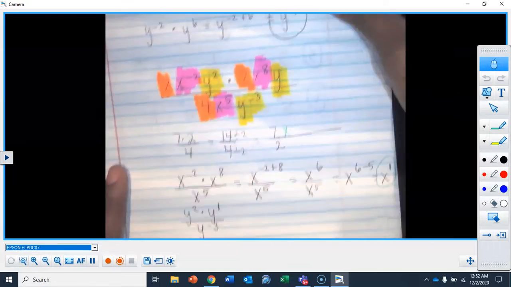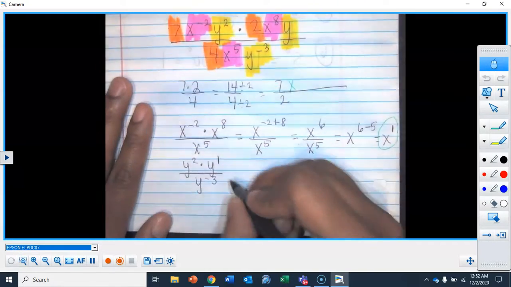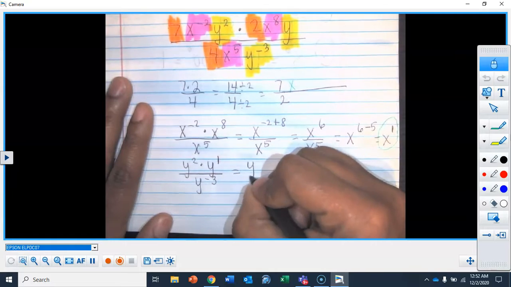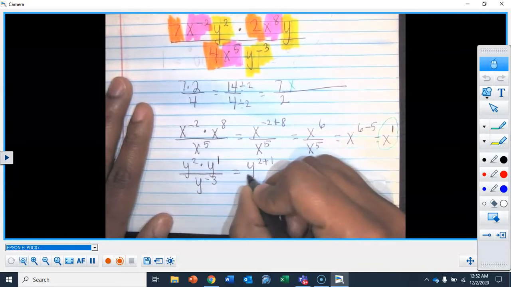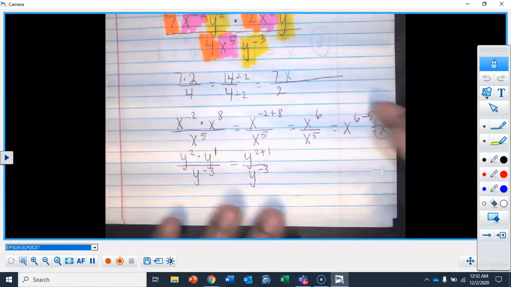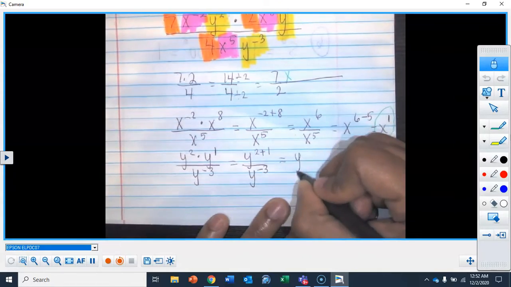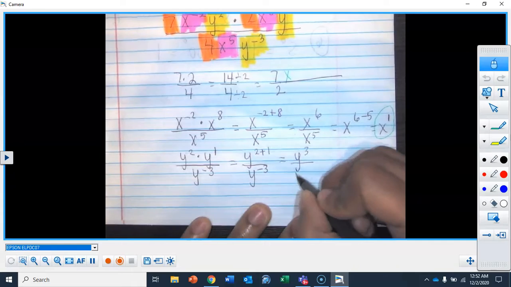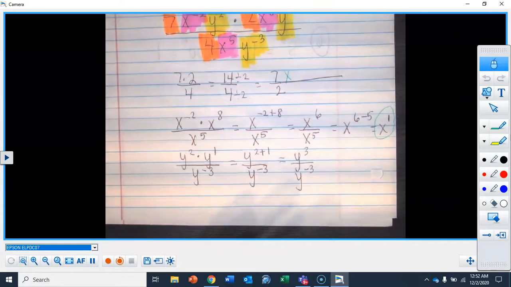Now this one I'm going to show 2 ways. So first, again, this is the product. So this is y to the 2 plus 1 over, and I still have y to the negative 3 in the denominator. So then I come over here, and I got y to the third. 2 plus 1 is 3. And then I still have this y to the negative 3.